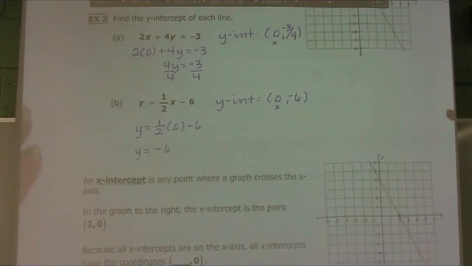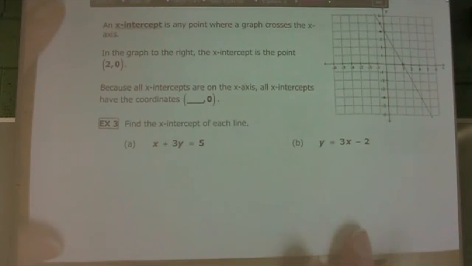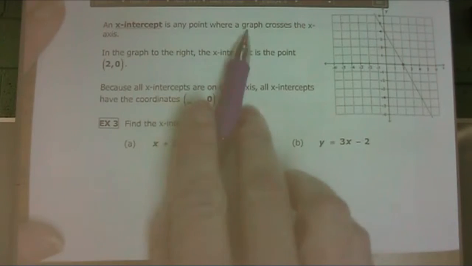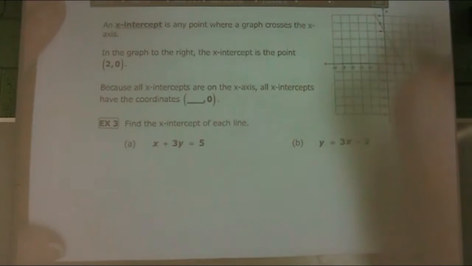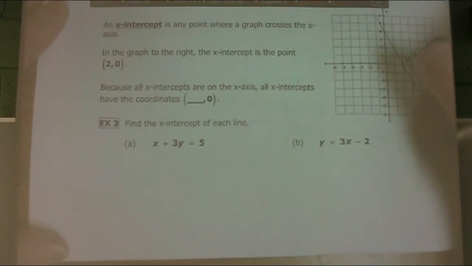We're also going to find x-intercepts. And an x-intercept is any point where a graph crosses the x-axis. And in our graph, that's right here. And in this case, this is the point 2, 0.